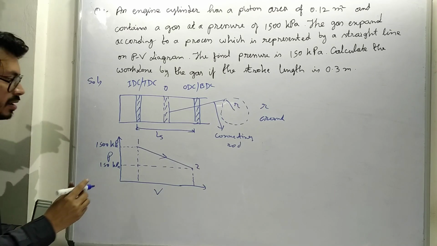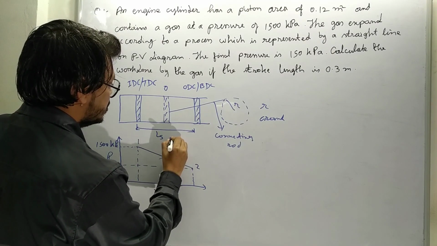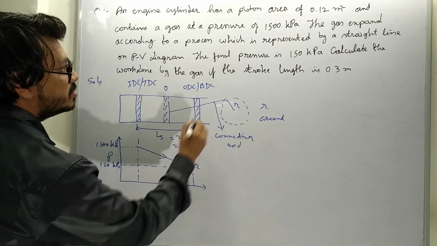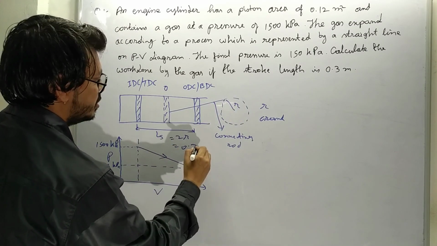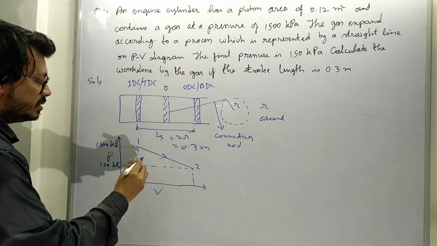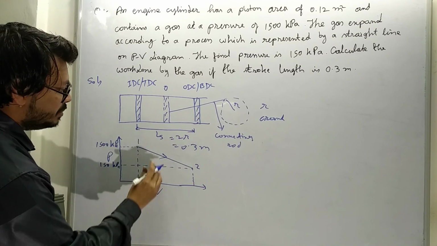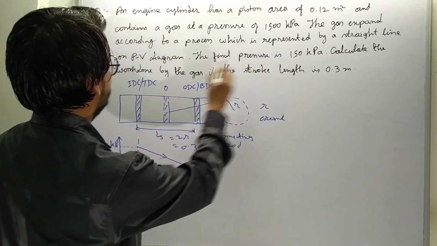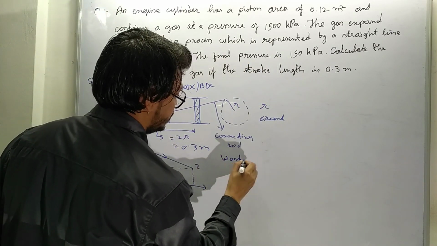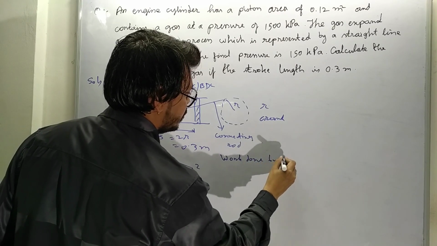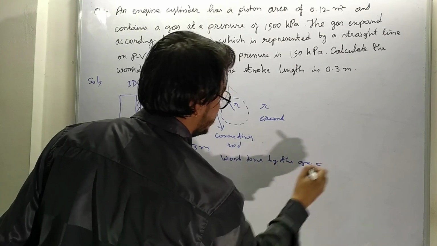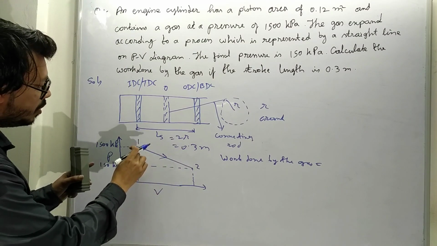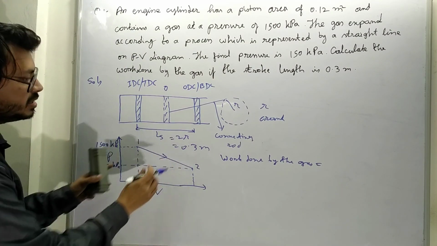So LS is equal to 2R, and we have given LS here 0.3 meter. We know the work done by a process on PV diagram is the area under the curve on PV diagram. So this work done by the gas is equal to area. This is a trapezium, so area is 1/2 into sum of parallel sides into distance between them.